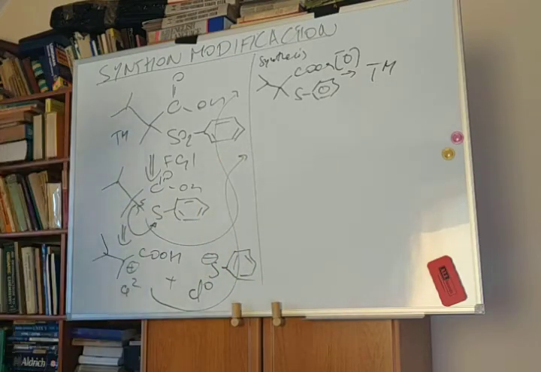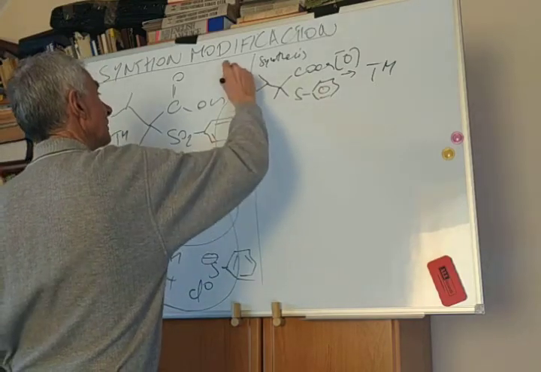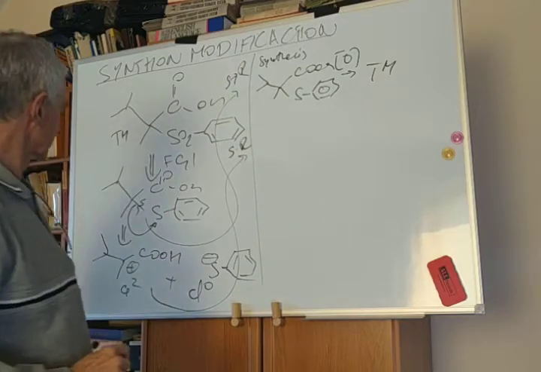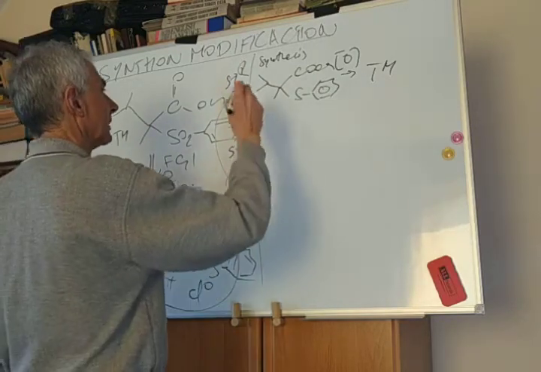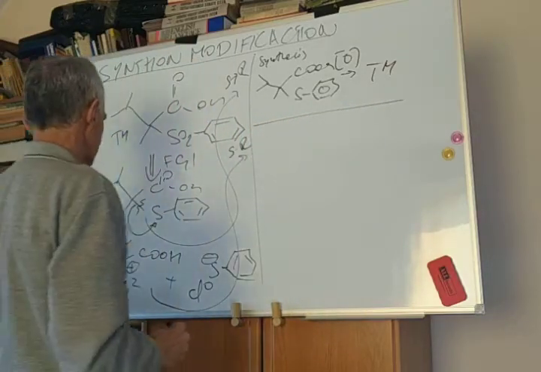And once more we'll see here synthon to reagent. So synthon to reagent, and this will indicate the potential reagent.